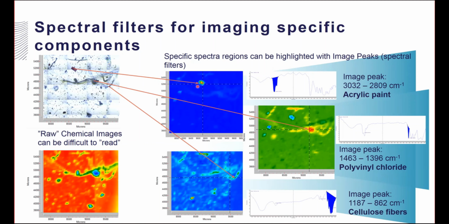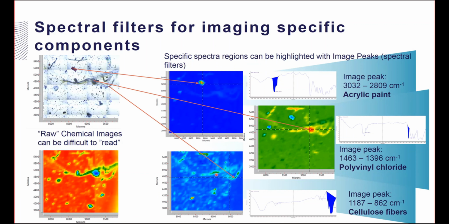In this case, we have a particle that is composed of acrylic paint. By isolating this area, the map shows us where there is more intensity of this part of the spectrum. Then if we choose another part of the spectral range, we highlight another area of the map where there is another type of particle, which is identified as polyvinyl chloride, a very common plastic material.